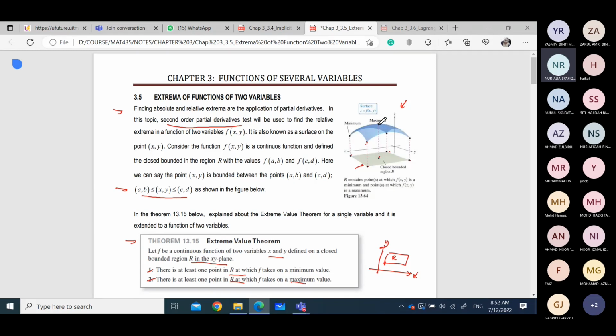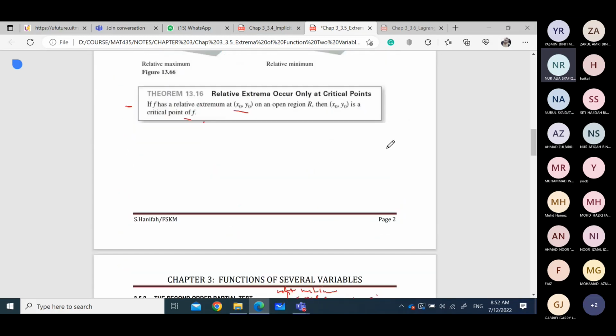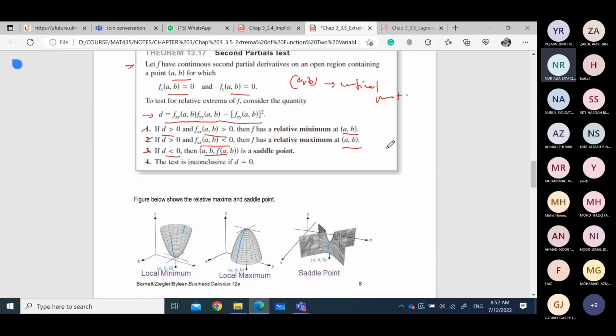Point dekat sini dia melibatkan z juga. So yang dimaksudkan dengan D less than 0, it means if D is less than 0, the point on the surface is a saddle point. Okay, so kena ingat untuk relative maximum and minimum, dia ada pada region.